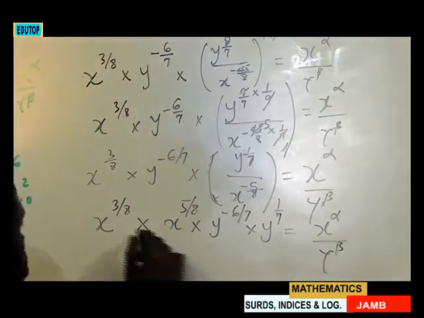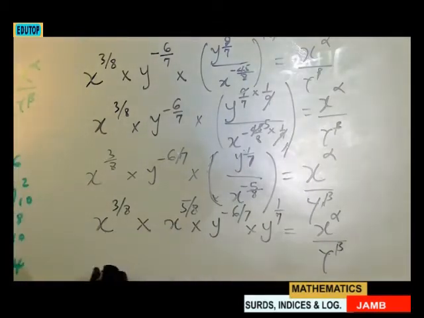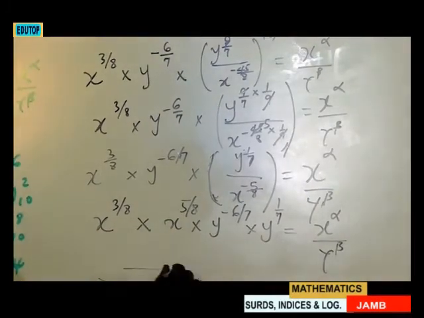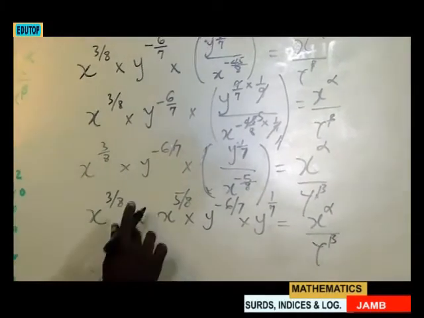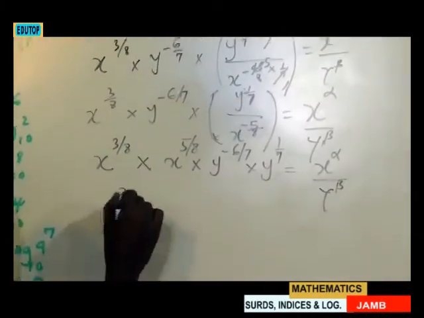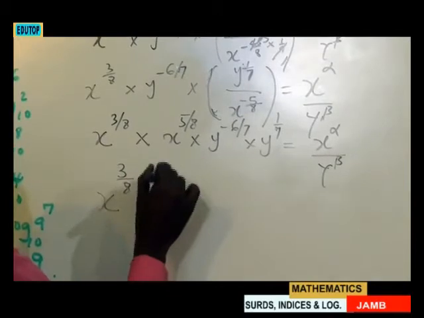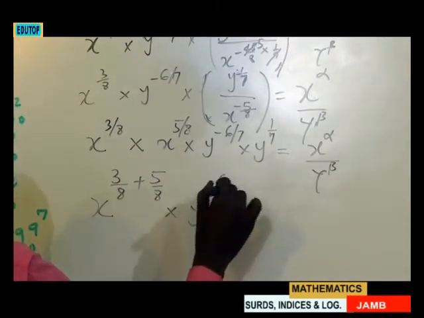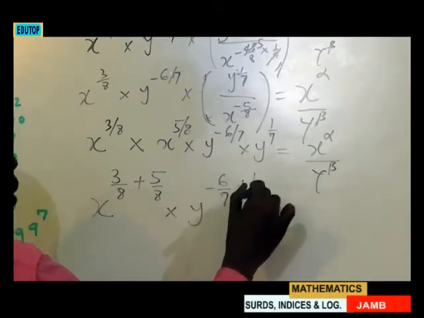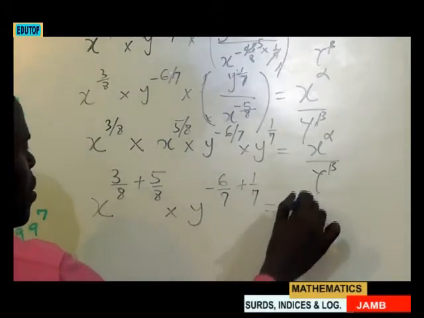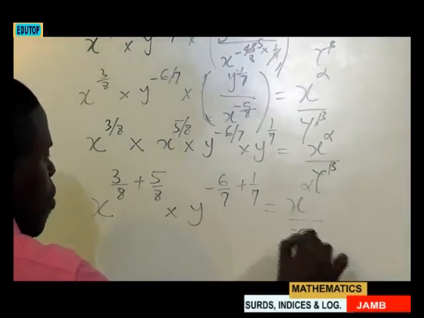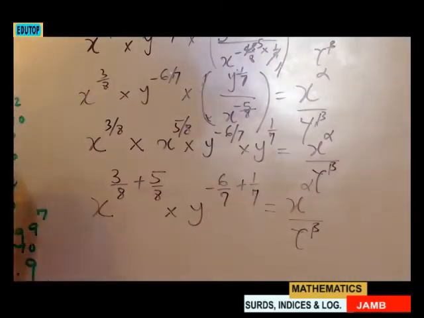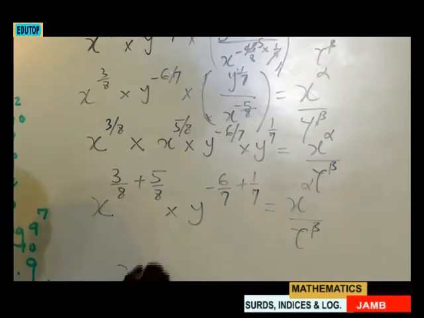So here, by the law of indices, a multiplication becomes addition. So you have x to the power 3 over 8 plus 5 over 8, times y to the power minus 6 over 7 plus 1 over 7, equals x^alpha y^beta. Then here I have the LCM of x.